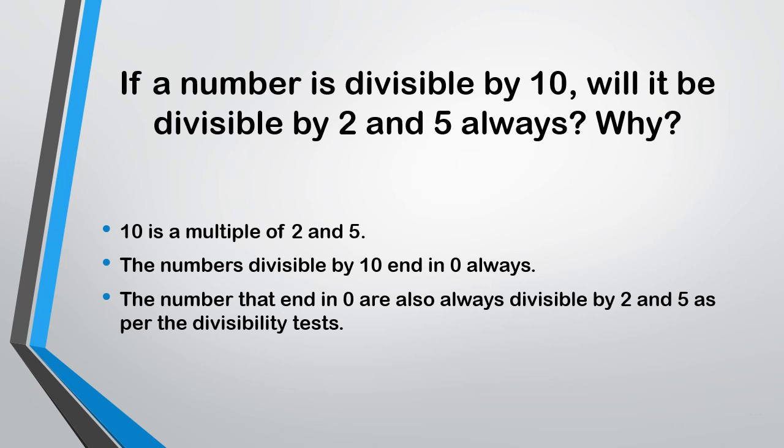So 0 is also an even number, isn't it? Then if the last number is 5 or 0, it is divisible by 5. So here also 0. Then if a number is divisible by 10, the last digit should be 0. So if a number is divisible by 10, it should be divisible by 2 and 5. Okay.